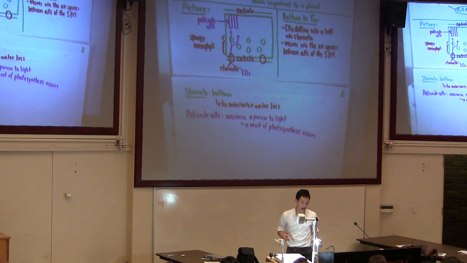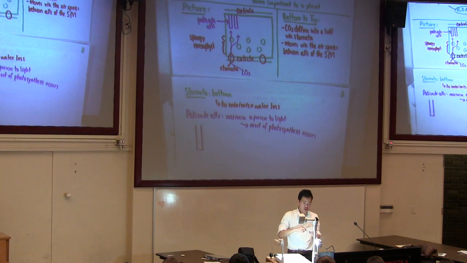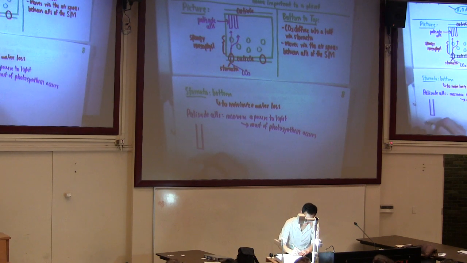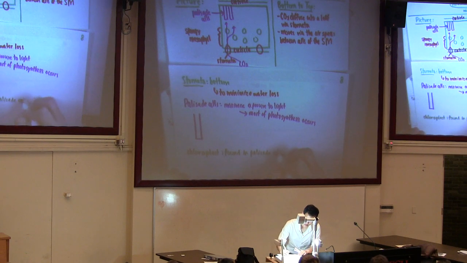Okay? And if I blow a palisade cell up, it looks kind of like this. And I just told you that within the palisade cells, you have what organelle? You have chloroplasts, right? Chloroplasts are found in palisade cells, right?